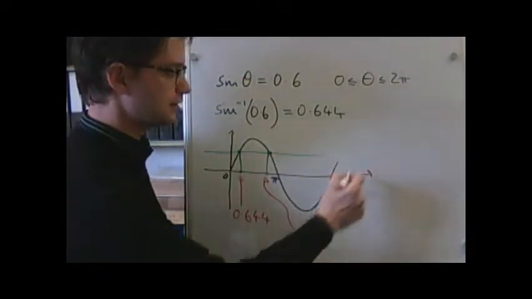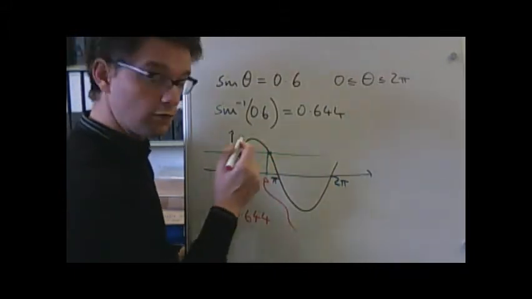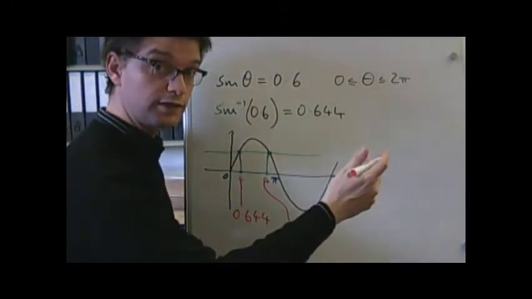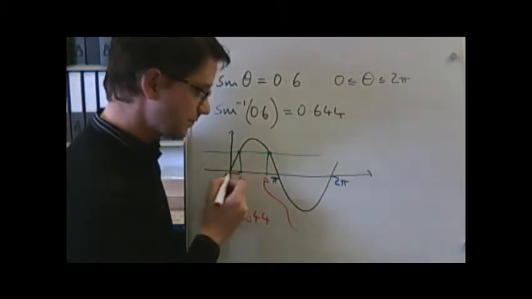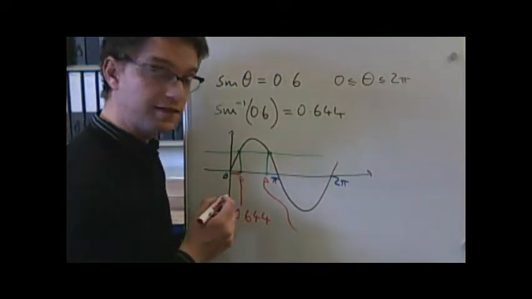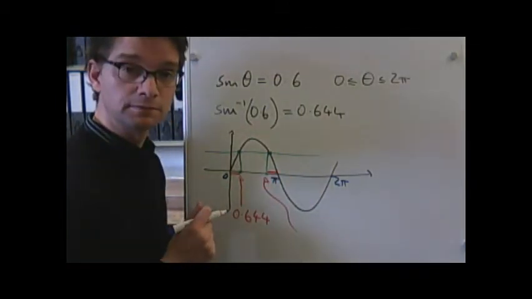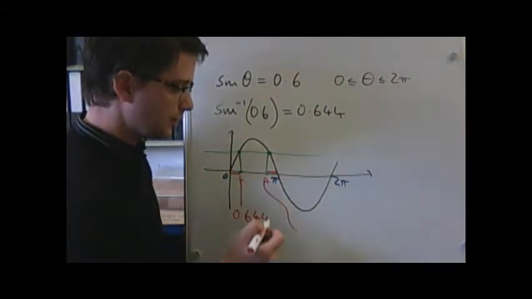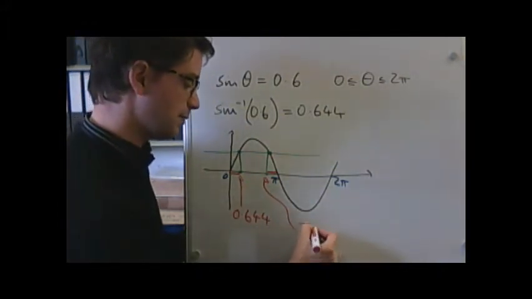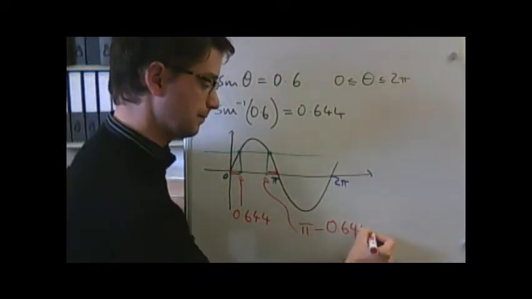This sine curve is just the same bit from here to here, folded round and flipped over and folded down. And so that means that this distance here must be the same as this distance here. Okay, these two distances are the same. And so that means that this point on the x-axis is actually pi minus 0.644.